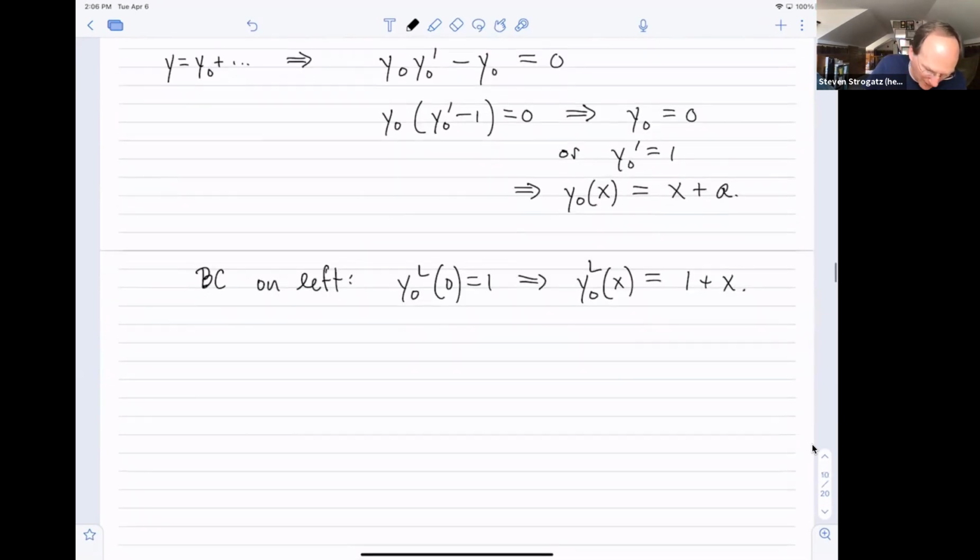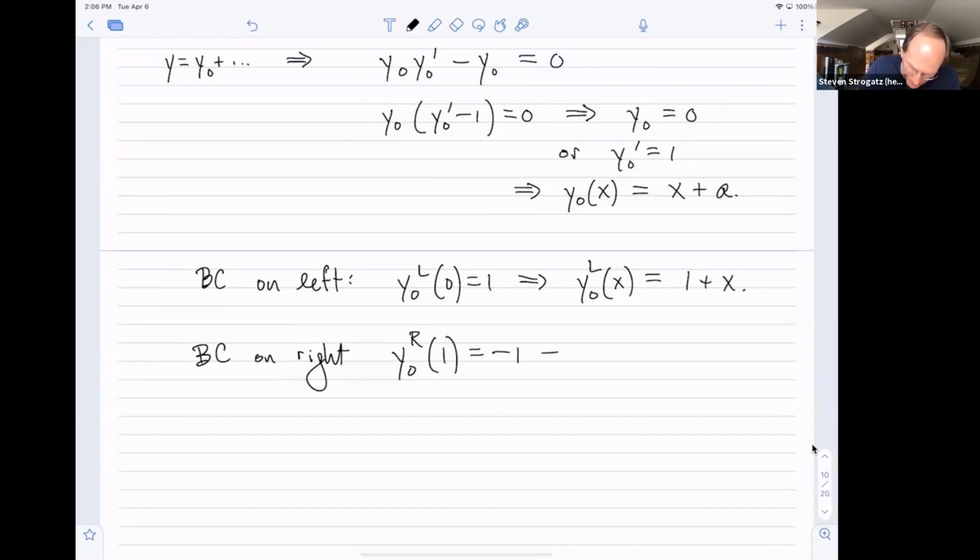And similarly on the right, you'd have y0 on the right. Well, let's see. At 1 is supposed to be -1. So that would tell me y0 on the right as a function of x is x minus 2.